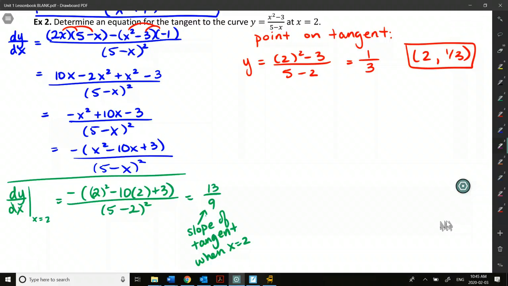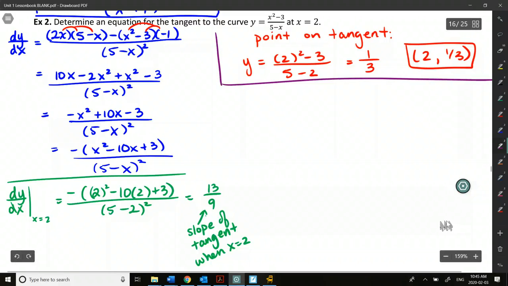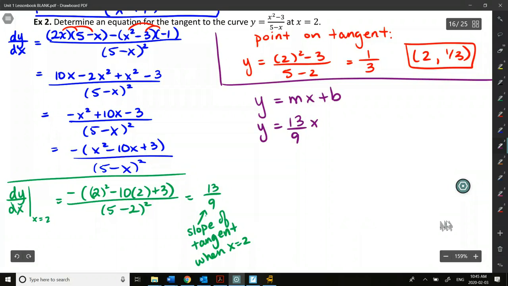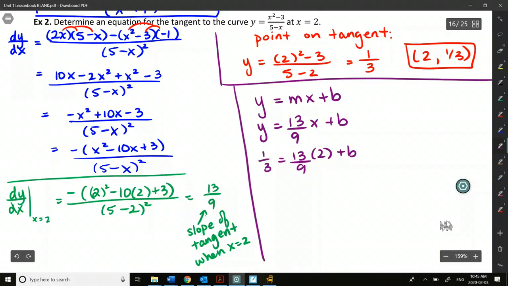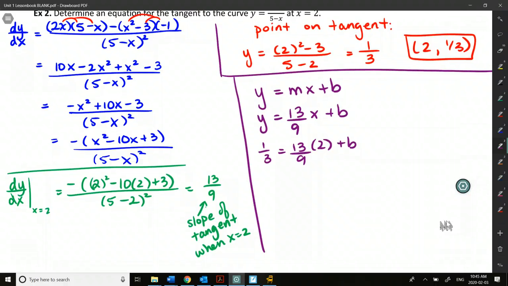Okay, almost done here. Our last step is to find the equation of the tangent line in mx plus b form, y equals mx plus b. So I know the slope of the tangent is 13 over 9, and we know a point on the tangent, (2, 1/3).